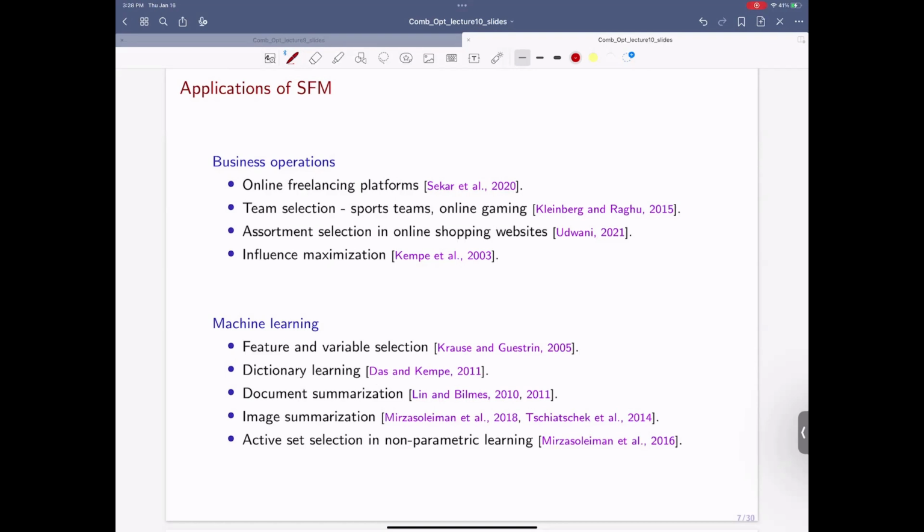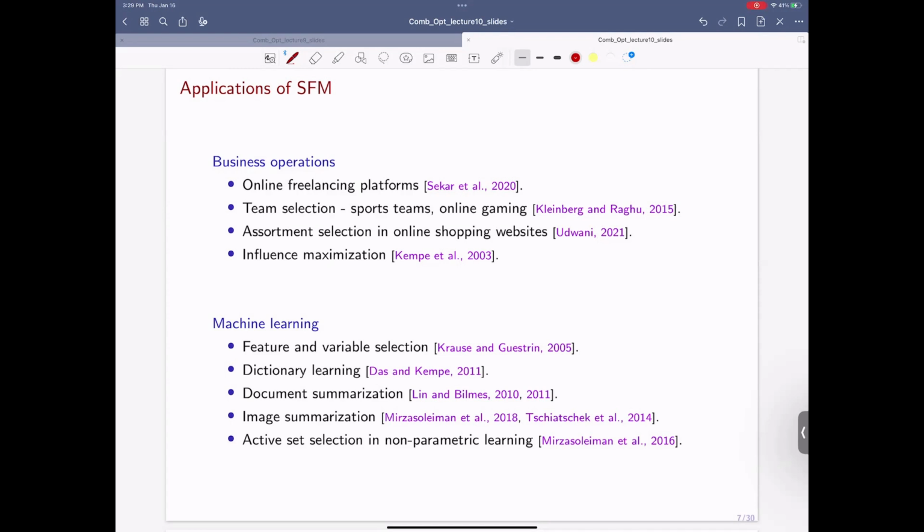Also, imagine an online shopping mall that recommends a certain combination of items. It's called the assortment problem. What is the best assortment of items that potentially leads to the maximum rate of clicks? That's another example. And also influence maximization.